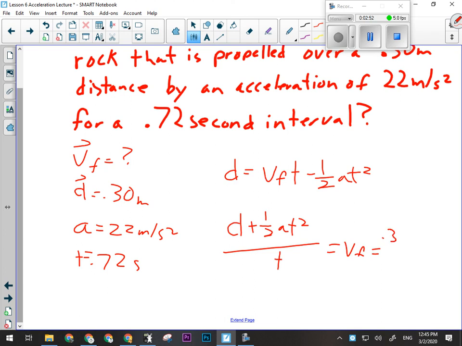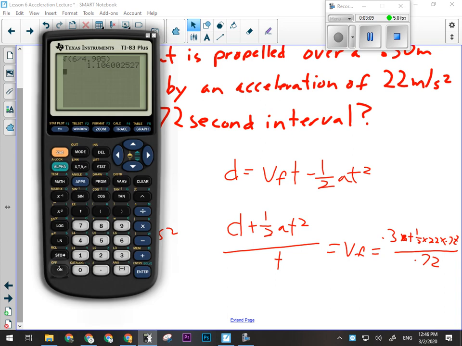So 0.3 meters plus 1/2 times 22 times 0.72 squared divided by 0.72. Okay, remember those 0.72s don't cancel each other. Okay, so we can't do that mathematically. So we got 0.3 plus 0.5 times 22 times 0.72 squared divided by 0.72.